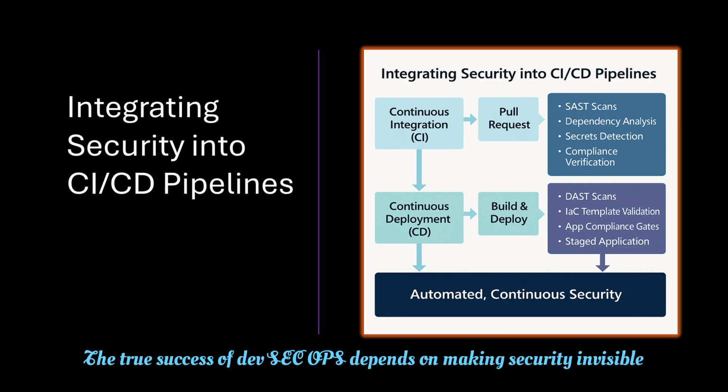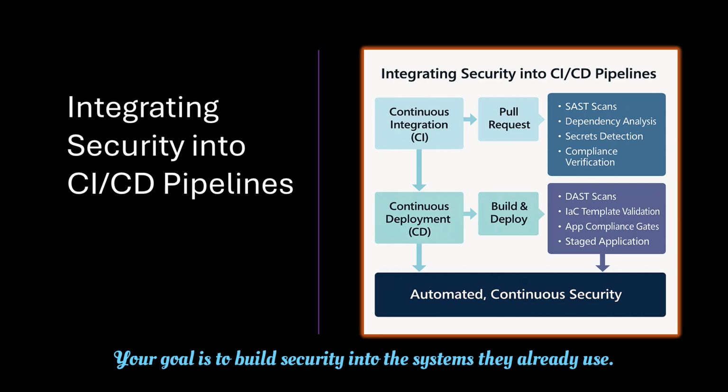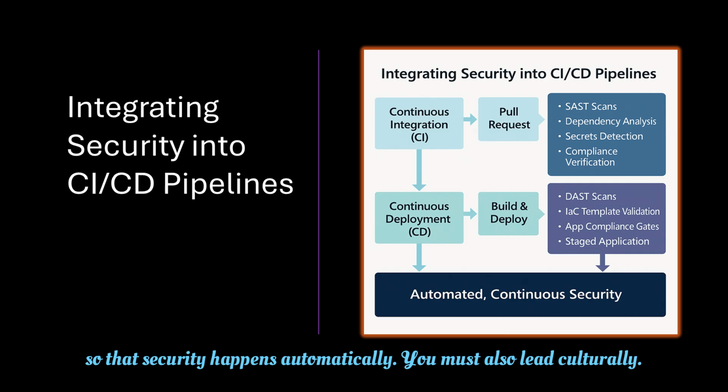The true success of DevSecOps depends on making security invisible but powerful. Your goal is not to burden developers with endless manual checks. Your goal is to build security into the systems they already use: code repositories, CI pipelines, deployment workflows, so that security happens automatically.